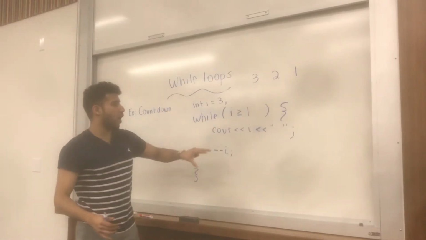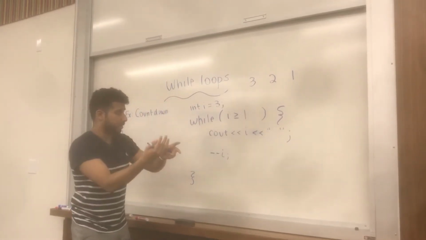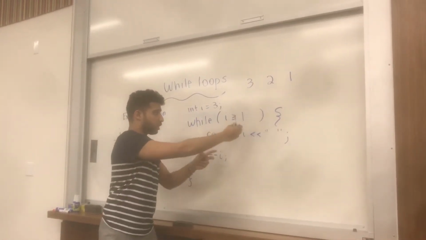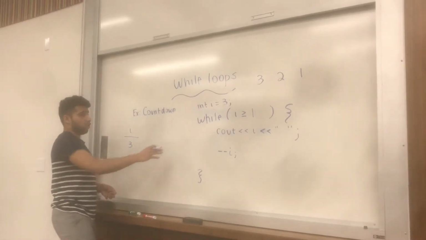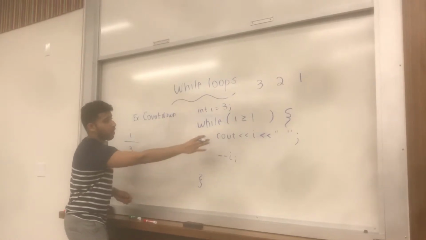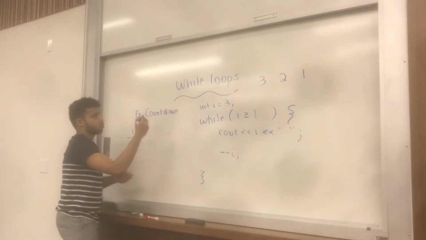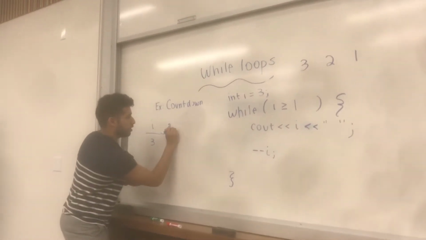Next, we go into the while loop. We check our condition. Is i, which is 3, greater than or equal to 1? Yes, 3 is greater than or equal to 1. So we enter the while loop, then we print out what i is and a space. So currently i is 3, so we print out 3, and then we add a little space.